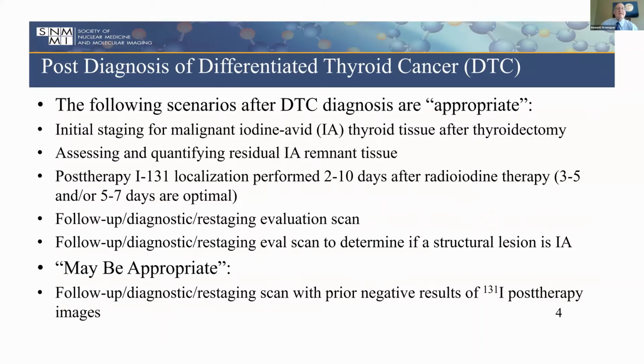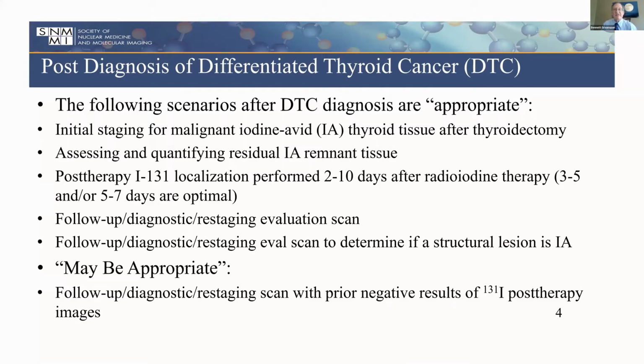So regarding appropriate use criteria, the following scenarios are appropriate, and that's a category, which means that it's appropriate to use these for evaluation of differentiated thyroid cancer. Initial staging for malignant iodine avid thyroid tissue after thyroidectomy, assessing and quantifying residual iodine avid remnant tissue, post-therapy I-131 localization performed 2 to 10 days after radioiodine therapy, and in my opinion, 3 to 5 and/or 5 to 7 days are optimal.